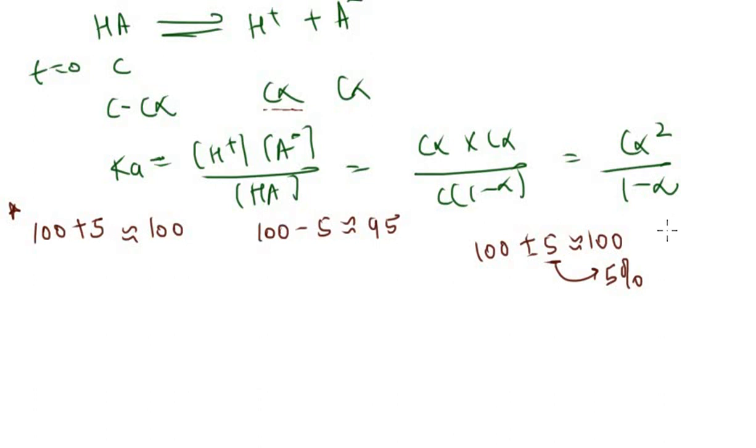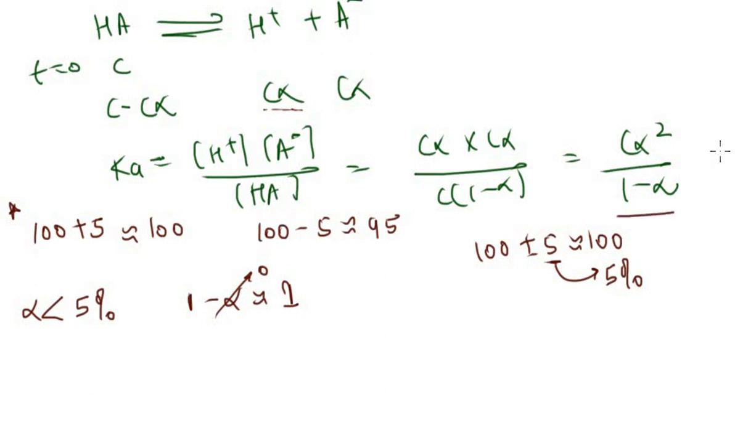What do I mean by that? Let's say whenever the acid is dissociating, alpha is less than 5%. So we can neglect alpha with respect to 1, and 1 minus alpha becomes 1.